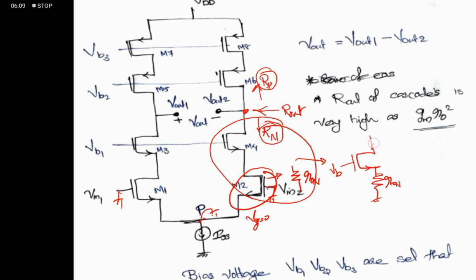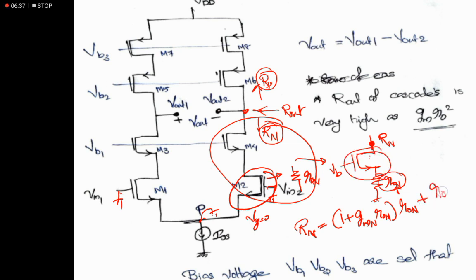Then the resistance at this point is Rn. We can write Rn as the reflected resistance, that is, one plus the intrinsic gain gmn times R0N, multiplied by the reflected resistor R0N, plus the resistance of this device, again R0N.